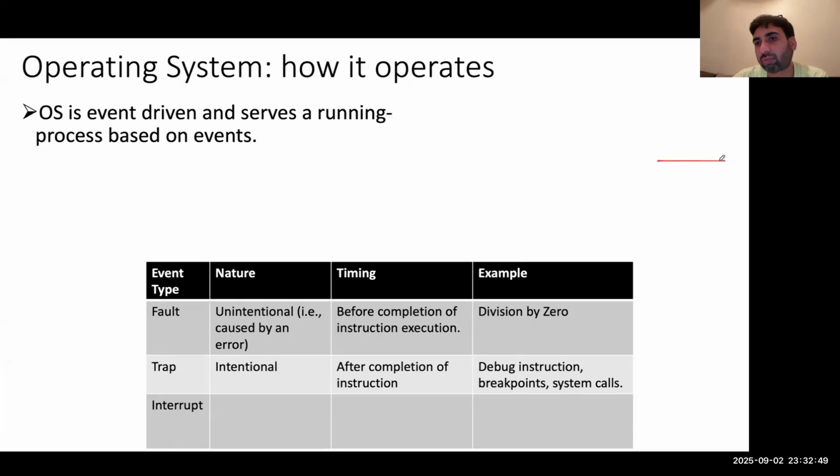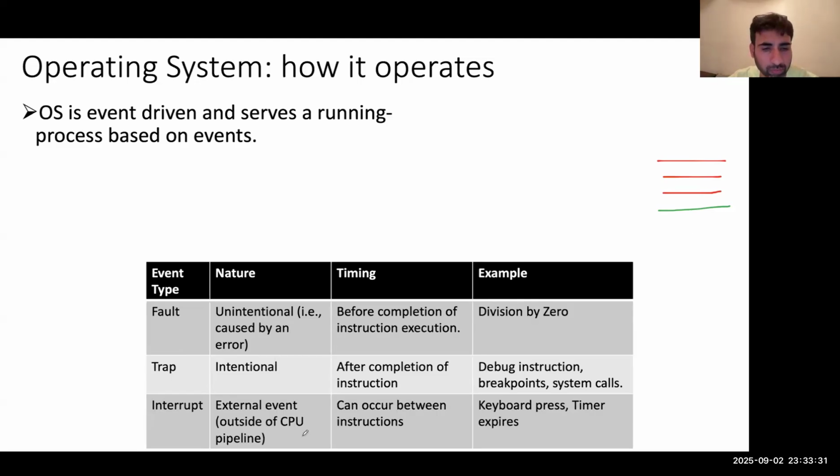Let's say you have a bunch of instructions, and then you put a breakpoint in your program. These three instructions will be executed, and after the execution of the breakpoint instruction, a trap type of event will occur. It happens after the completion of this breakpoint instruction, and then your operating system will be notified, and it will handle the trap by running some kind of routine, just like interrupts.